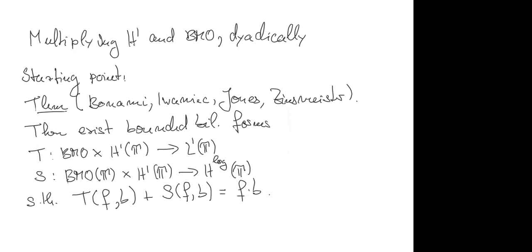So that means if you have an H1 function and a BMO function, and you multiply them with each other, then you don't always end up in L1. There's a certain part of the product which does end up in L1. That's denoted by the bilinear form T. But there's also a part which doesn't land in L1, but in a slightly larger space. And I'll just explain what this larger space is.